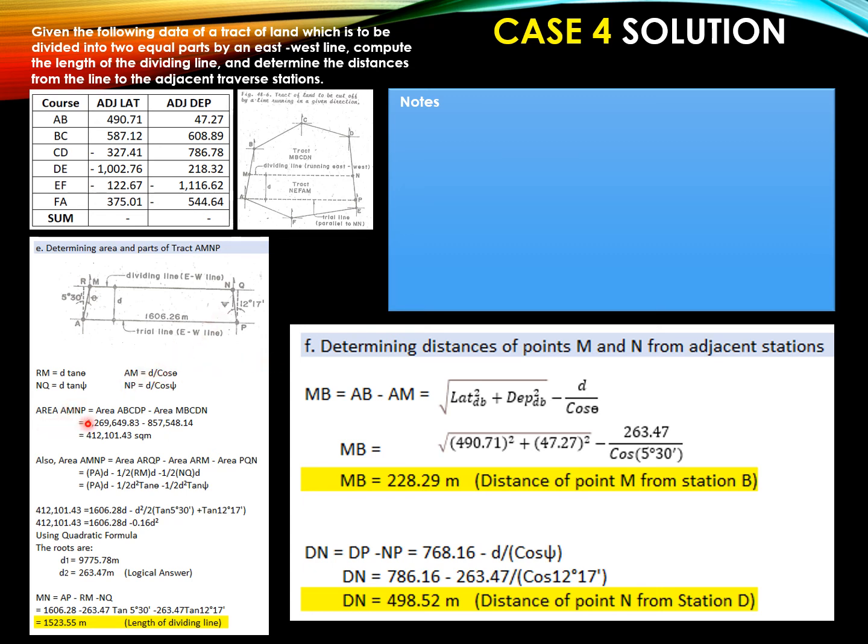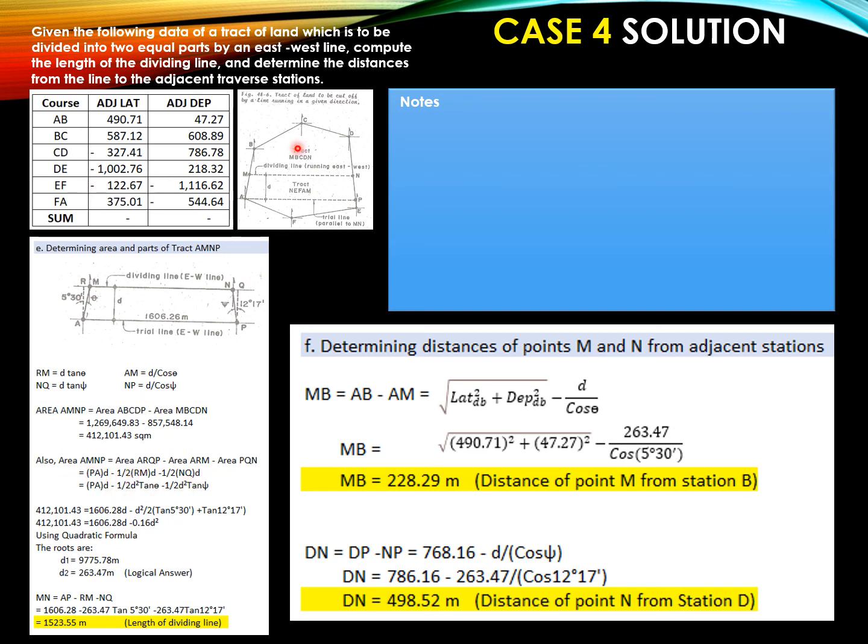So, area ng AMNP is equal to area ng ABCDP minus area ng MBCDN. Is equal to 412. Kaya, ito yung AMNP. Ang area ng A, B, C, D, P, ma-minus mo sa area ng M, B, C, D, N. Kailangan mong makuha yan kasi gagamitin mo siya dito sa formula na to.